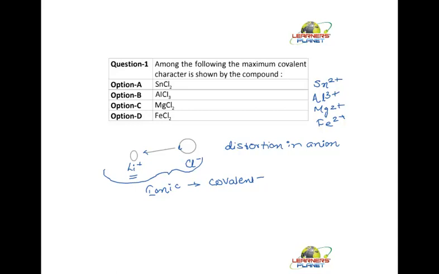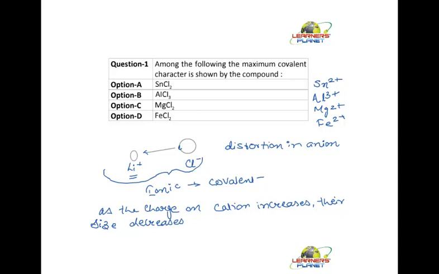As the charge on the cation increases, their size decreases.